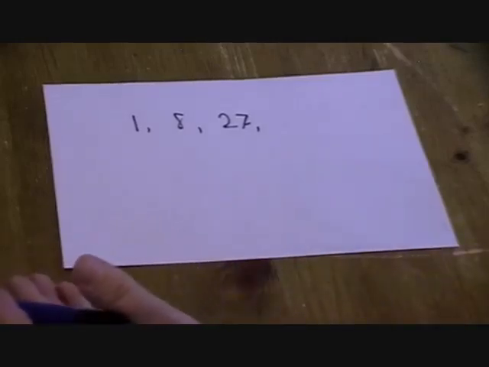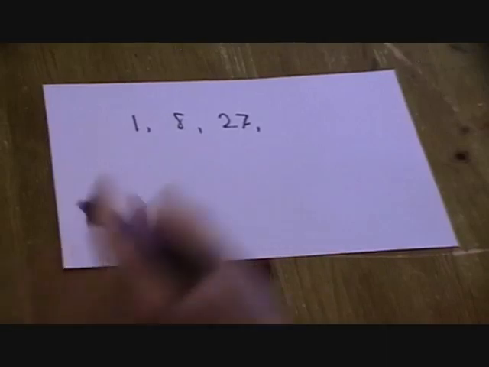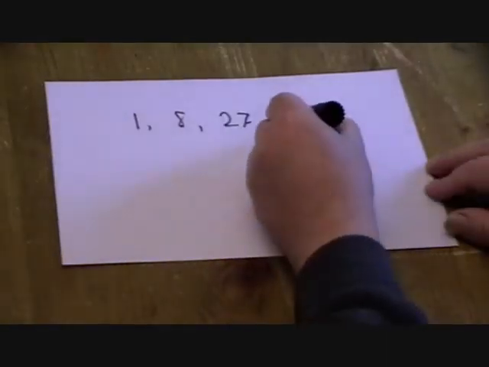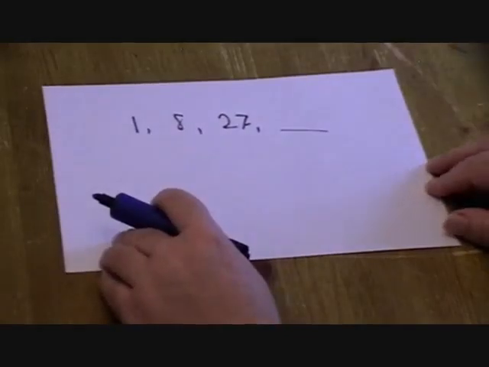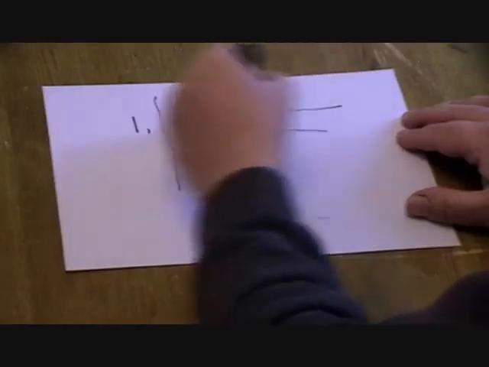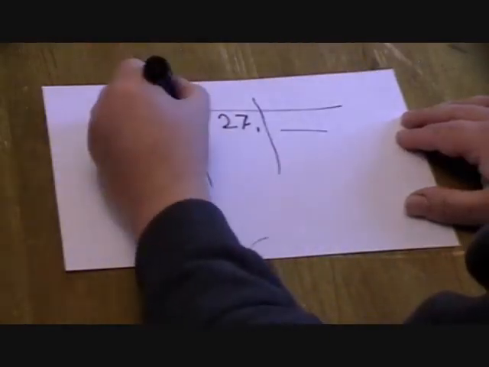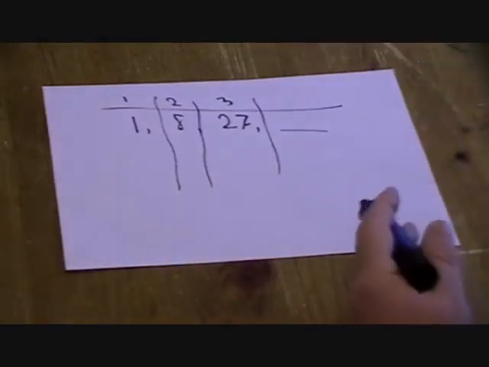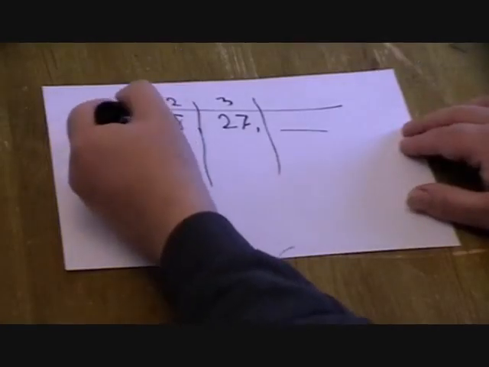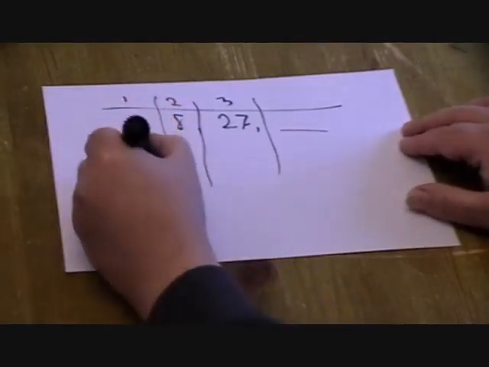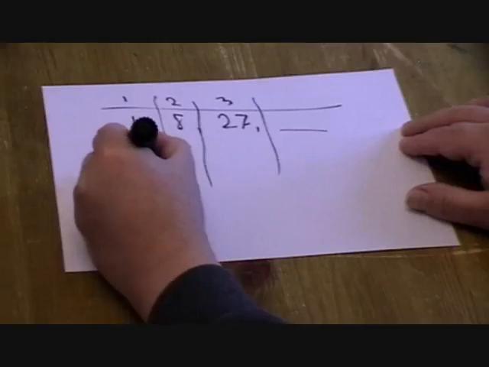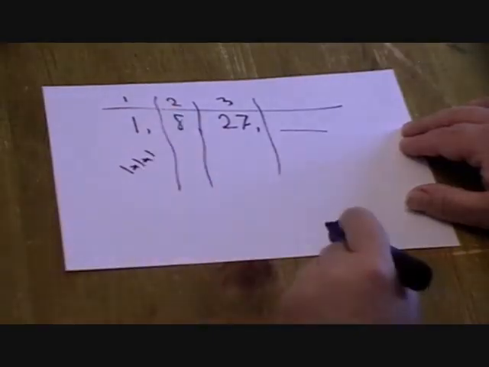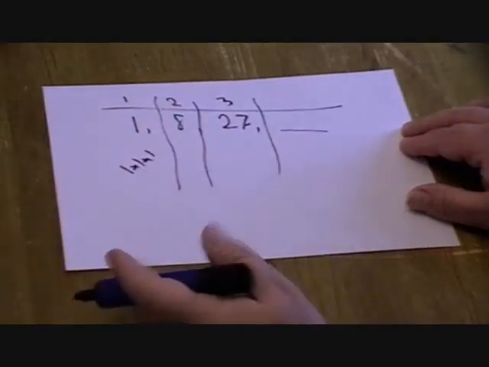This example is a little bit more difficult. I've only got 3 numbers here and I need to find the 4th. The way I'm going to do this is actually call this number 1, this number 2 and this number 3. This requires a higher level of mathematical knowledge. To make 1 out of 1, I'm going to go 1 times 1 times 1, which is of course 1.